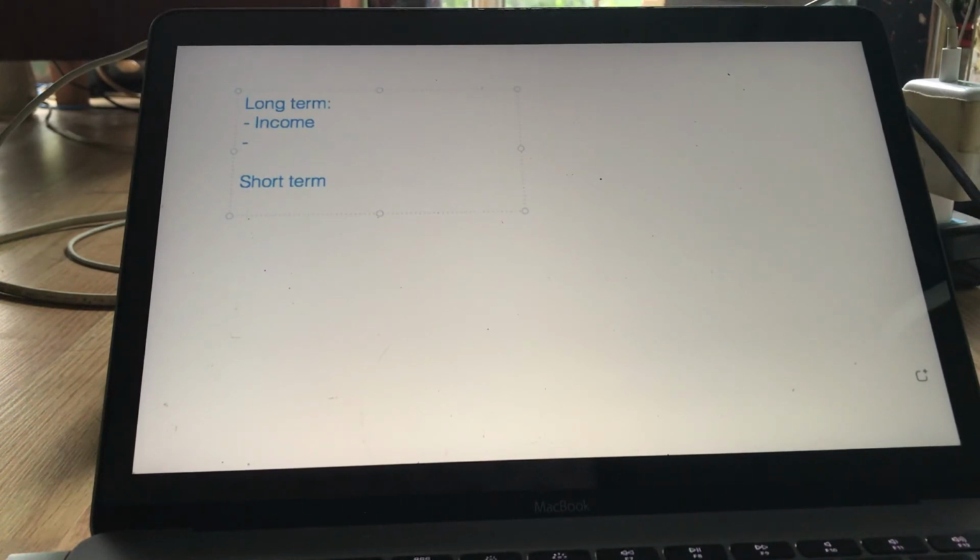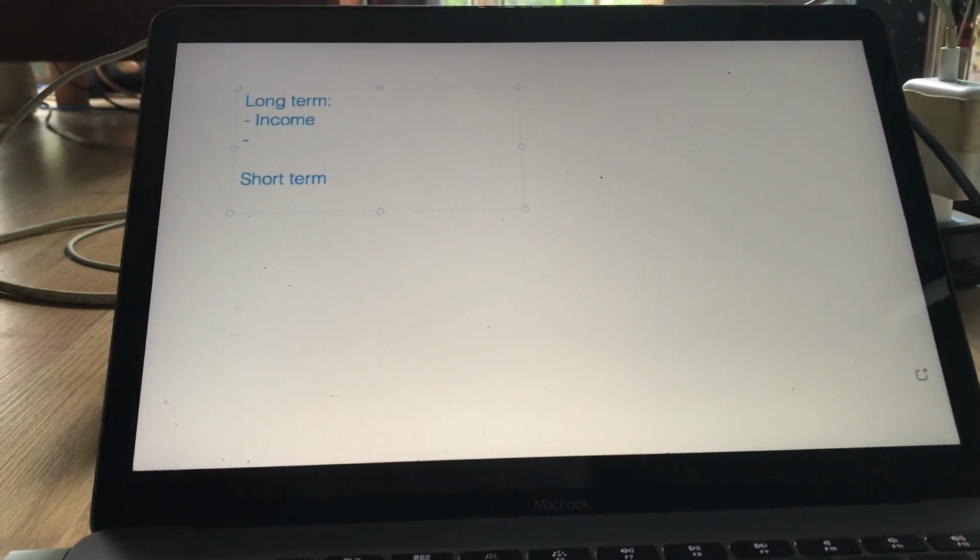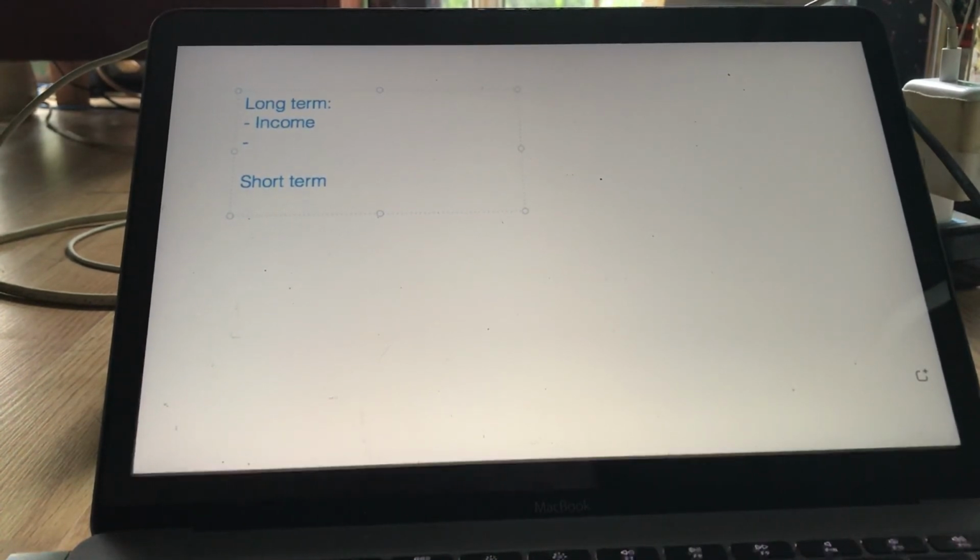But in this subject, we just focus on a few of them, provided in the, how to say, conventional theory. The first one is the income. The second one is the preference.